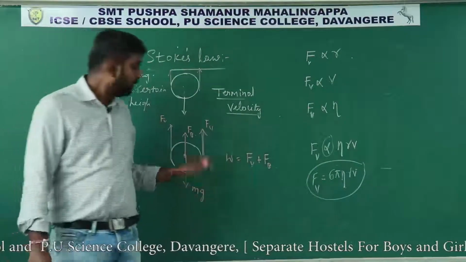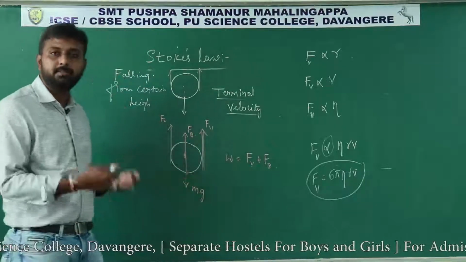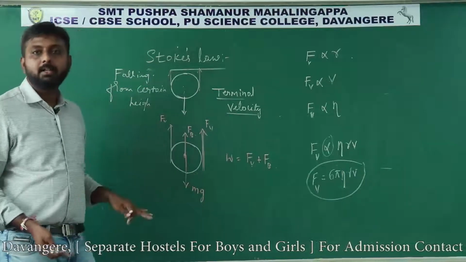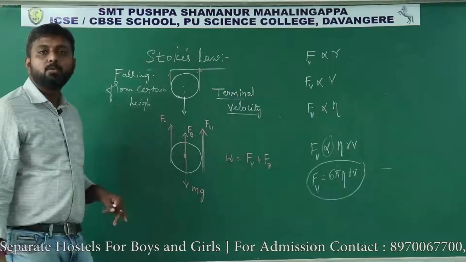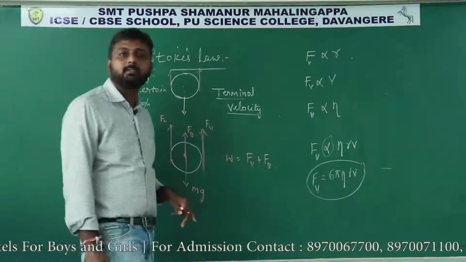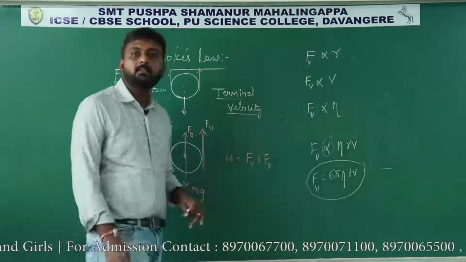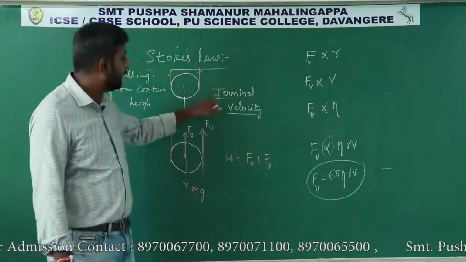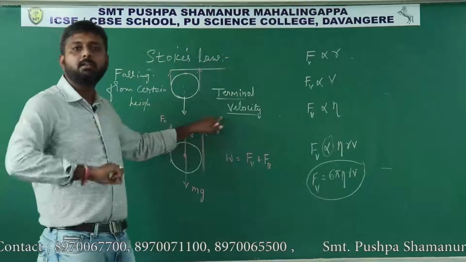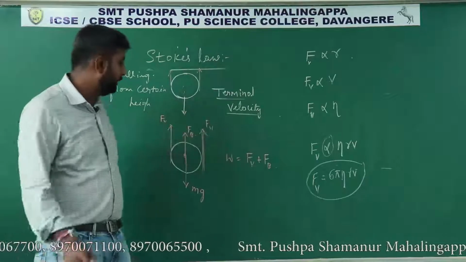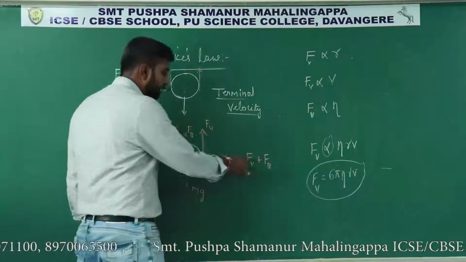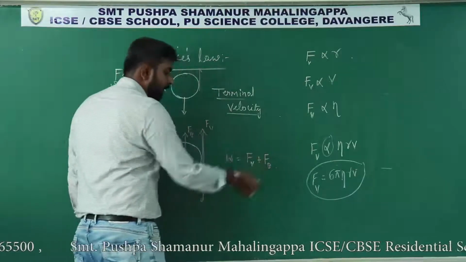Then the net force on the object becomes 0. Then after, it will move with constant velocity. That constant velocity is called terminal velocity, or we can say final velocity. W equals Fv plus Fb.